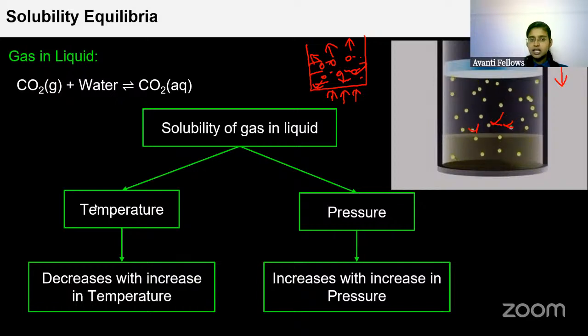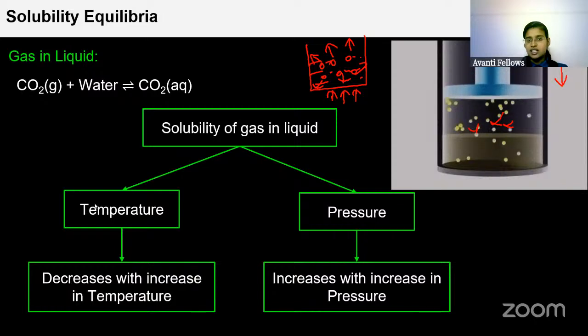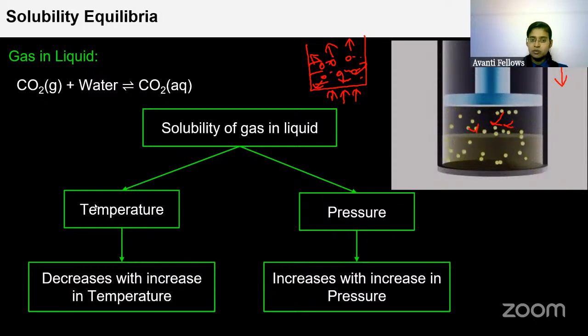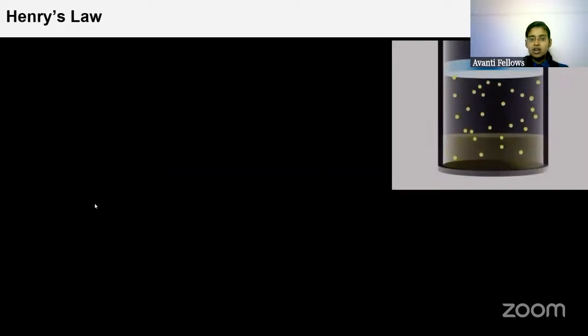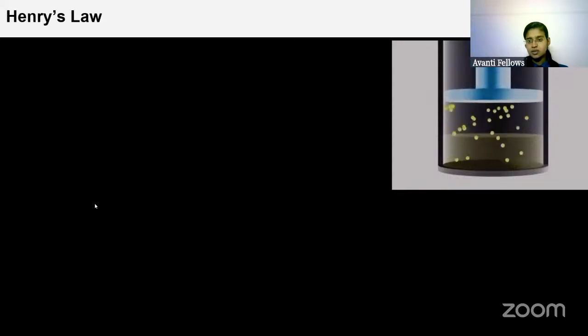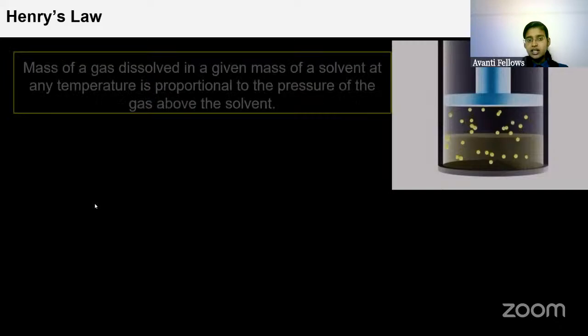Equilibrium is also physical chemistry, okay, where it involves more formulas and concepts, like thermodynamics. Okay, so going ahead, I am introducing a law called Henry's law based on this gas and liquid concept. So what is Henry's law?